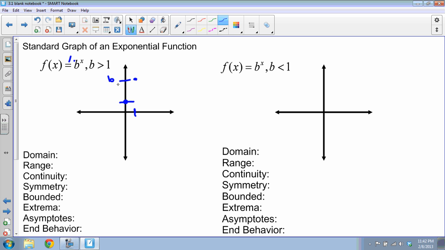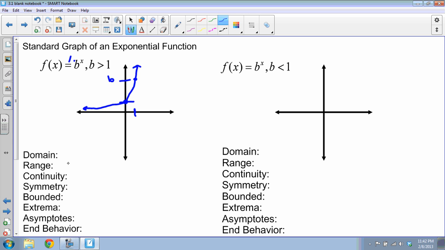When we go to the left on this graph, we get closer and closer to the x-axis without ever getting there. And as we head toward the point b, we just keep continuing to go up and up and up. And so that's our graph.